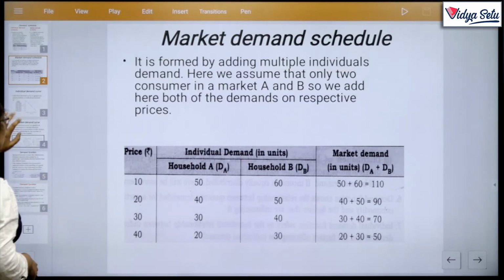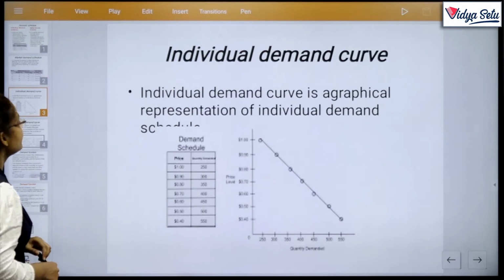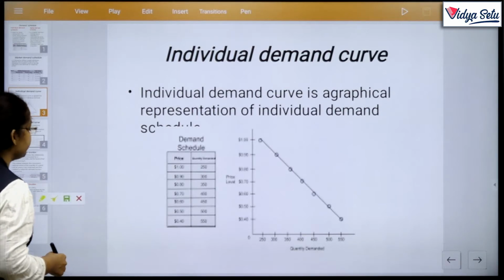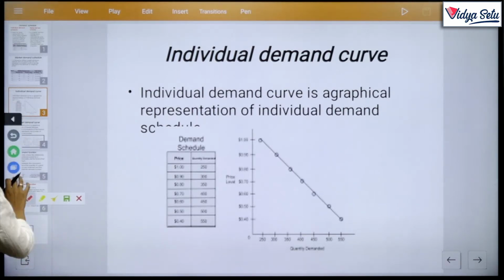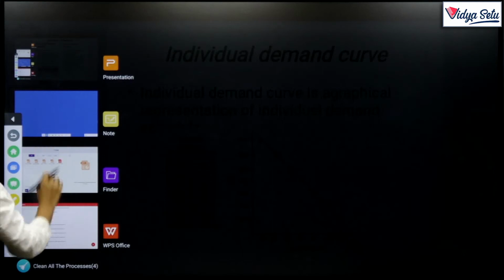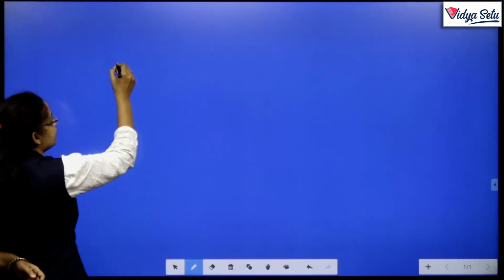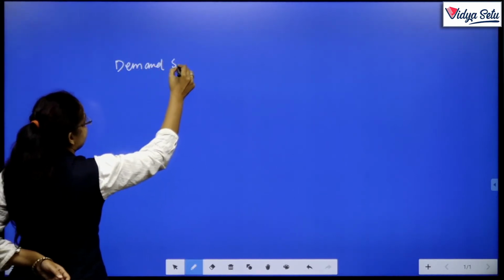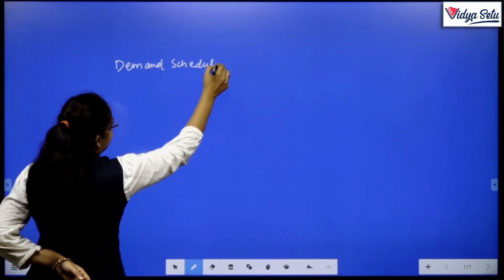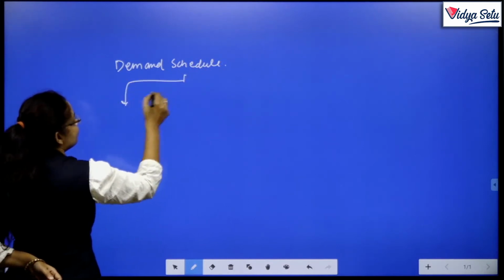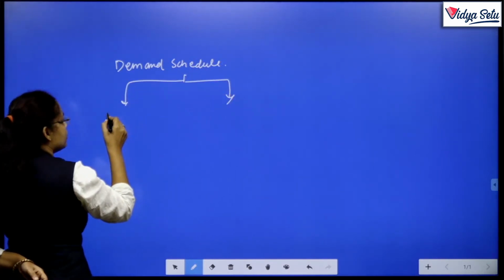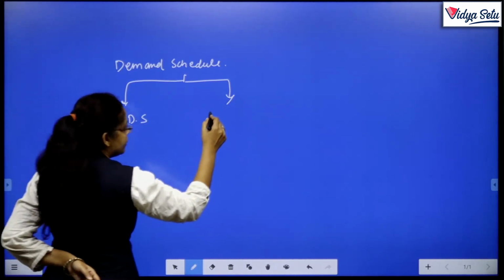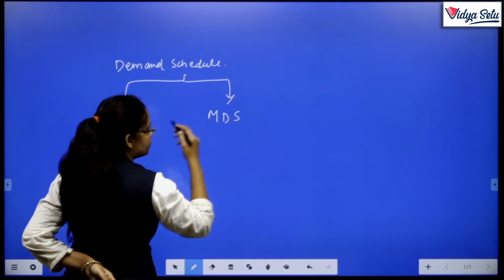Next, the individual demand curve. Likewise, for the demand schedule, we have two classifications. The first one is the individual demand schedule, IDS, and the market demand schedule, MDS.